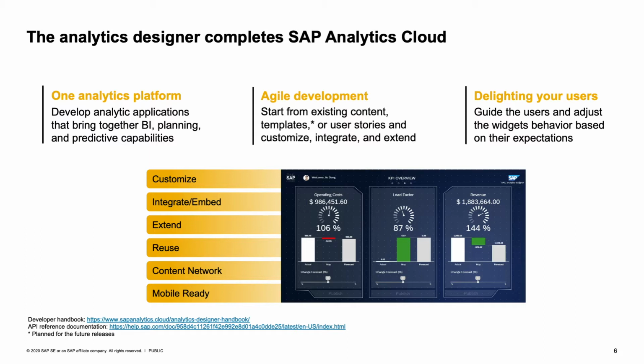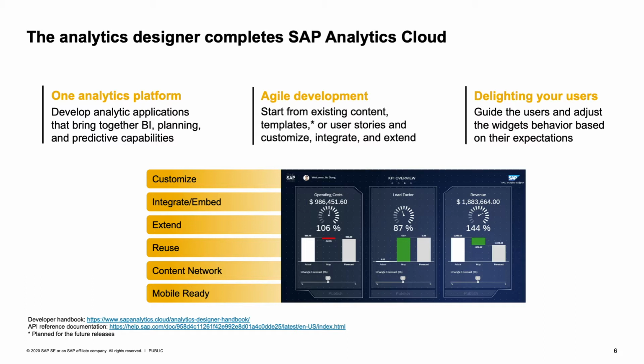We have extending capabilities, so you can use custom widgets to build your own visualizations and then reuse them in all applications. We also have reuse capabilities that we are planning to ship, like you can create templates, create composites, create them once and reuse them in all other applications.